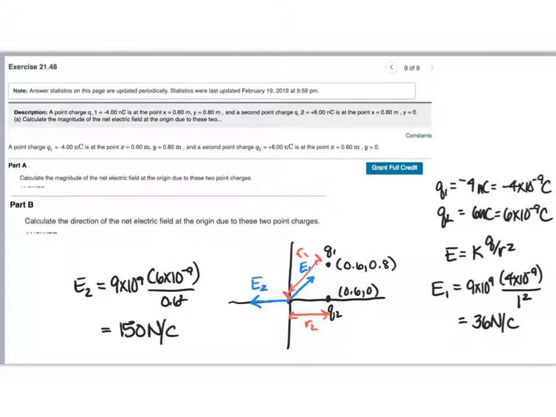All right, so I'm going to go to the next slide just so I have a little bit more room. Just to remind you, this was E1, looking like this. E2 looks like this. E1 had a magnitude of 36 newtons per coulomb. E2 was 150 newtons per coulomb.